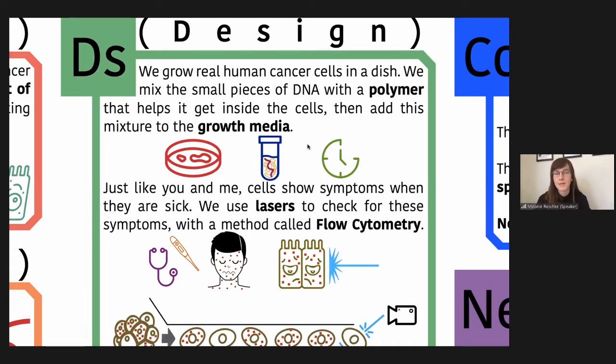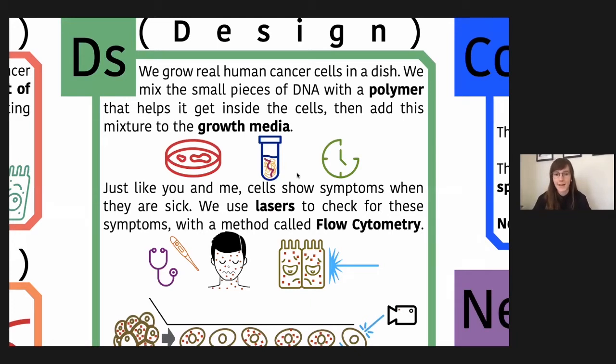A polymer is a long, stringy piece of material, and I like to think about it as a piece of spaghetti. So we take the DNA that we want to give to the cells, and we mix it in with a big bowl of spaghetti. When the cell sees it, it says, that looks delicious, I want to eat that. It eats a big plate of spaghetti, and in the process, the DNA that we're trying to put in there gets inside the cells so that it can have its effect.